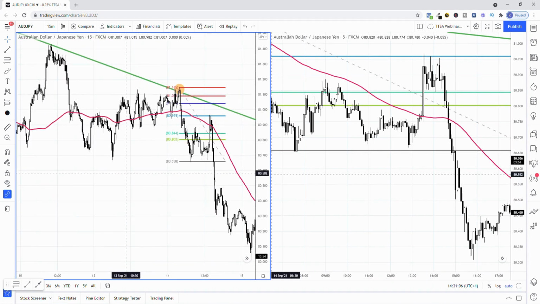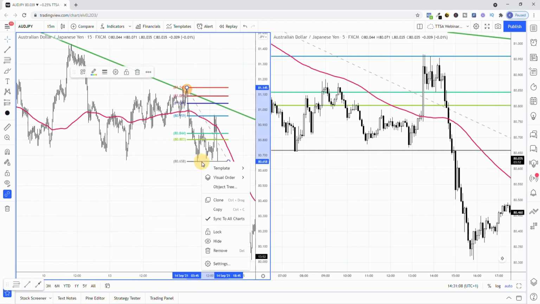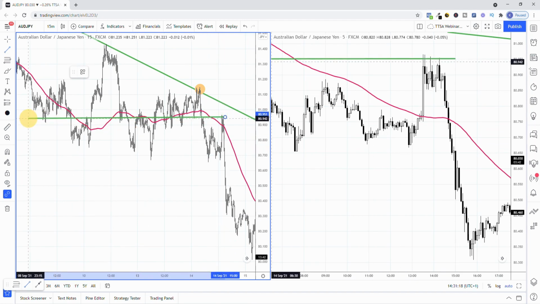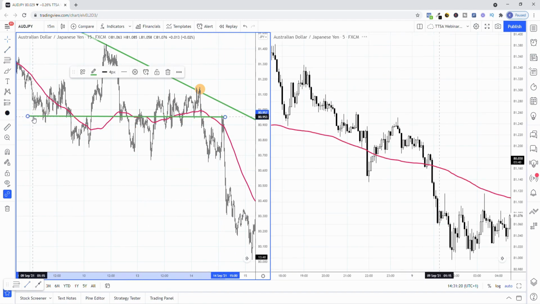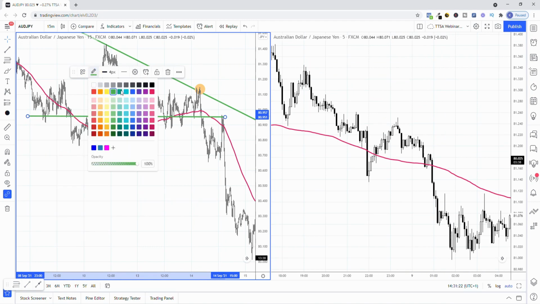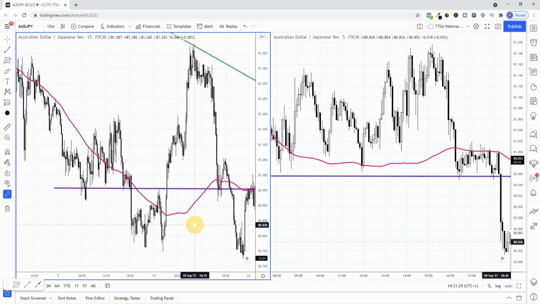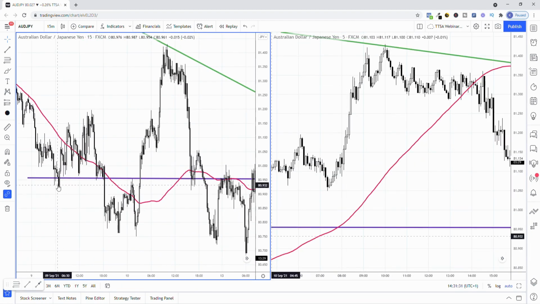Another thing I want to point out is this point of support and resistance. If we look at this area here in greater detail, you can see that we had price bouncing off it on multiple occasions.